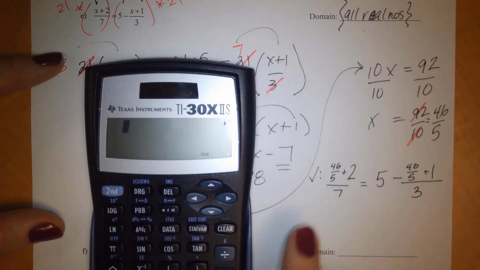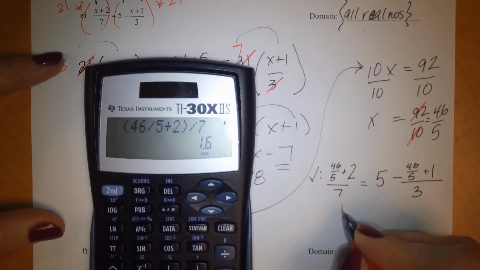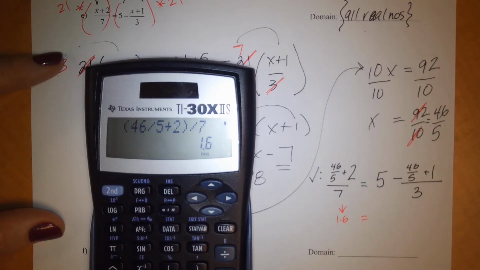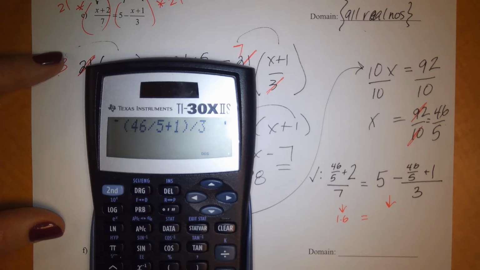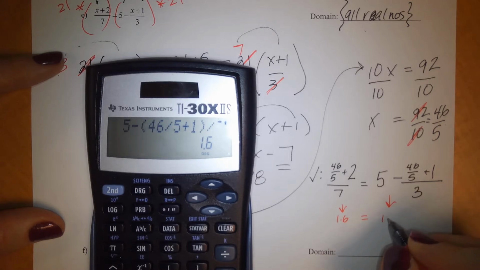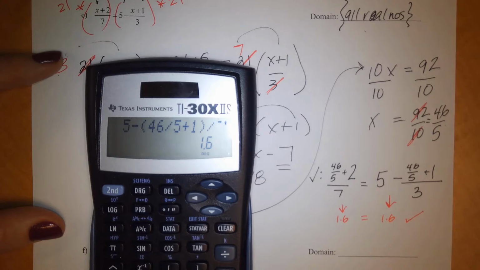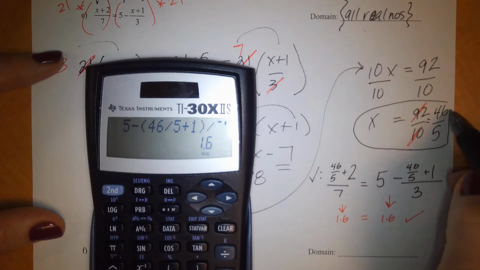I'll put the left side in first: 46/5 plus 2, divided by 7, and you get 1.6 for the left side. Let's see if that's equal to the right side: 5 minus (46/5 plus 1) divided by 3. And we get 1.6. So it does, in fact, check out. That means 46/5 is my answer.